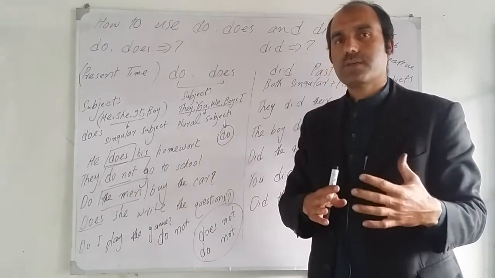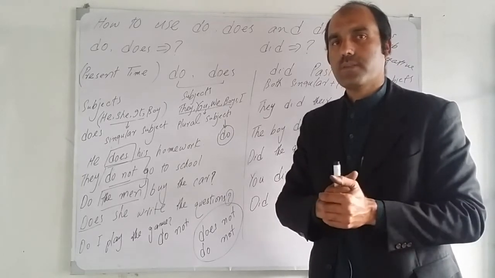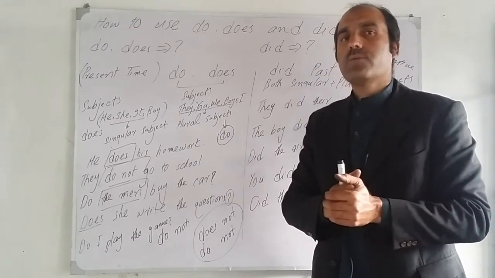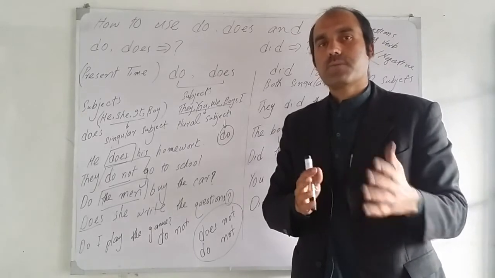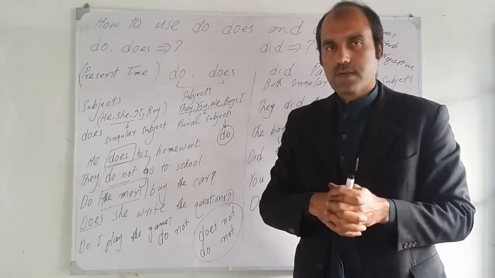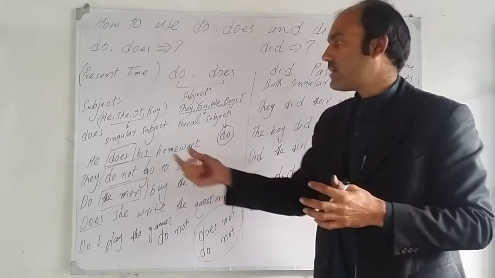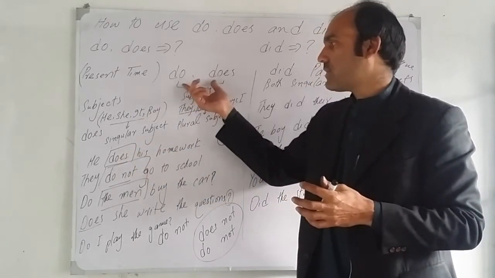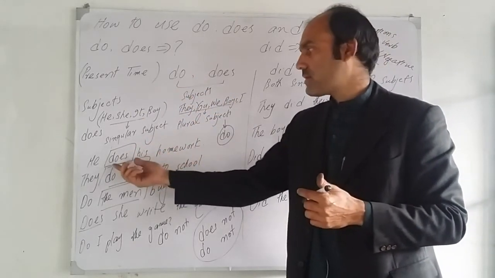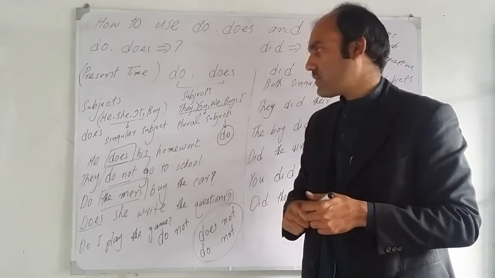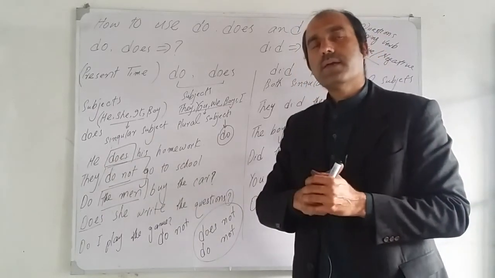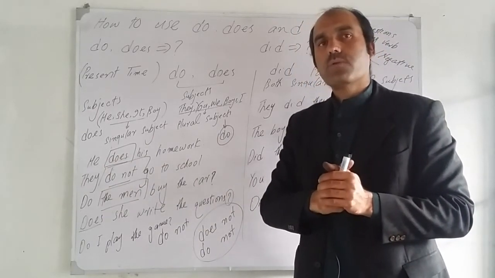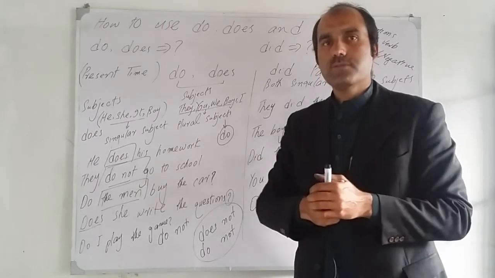Whenever you have does not or do not, they are used for negative sentences. And do and does, whenever these are put at the beginning, they are called interrogative sentences. And these two verbs, do and does, you can also use as a main verb. Here does is used as a main verb. If you say they do their work, again here do is used as the main verb.